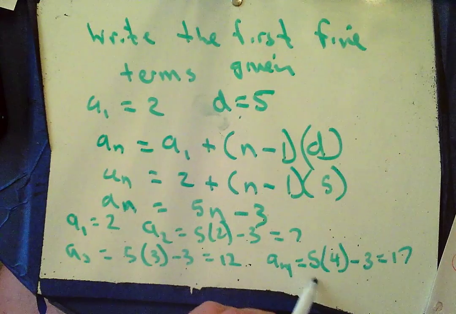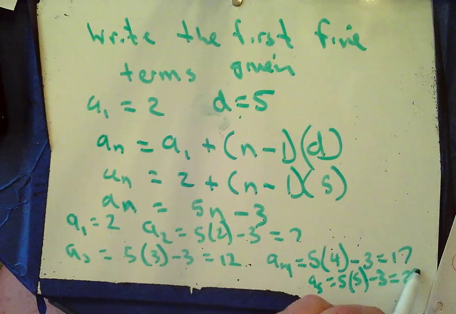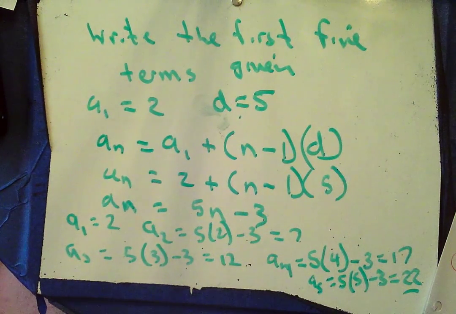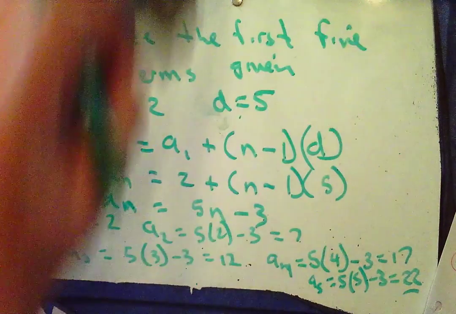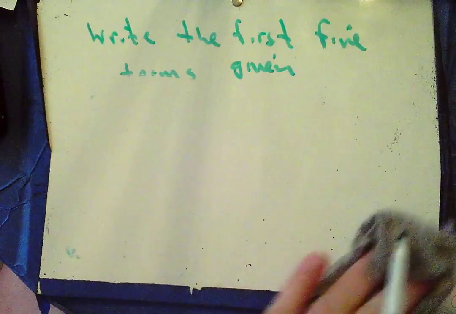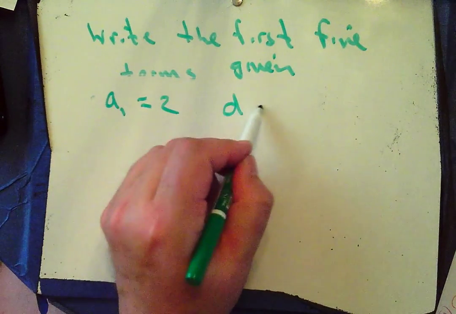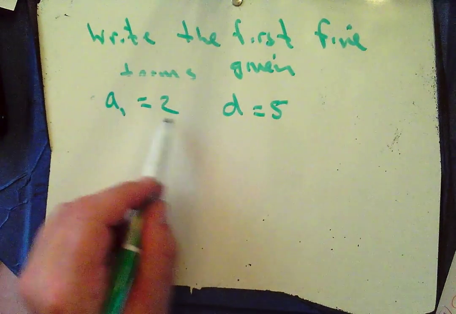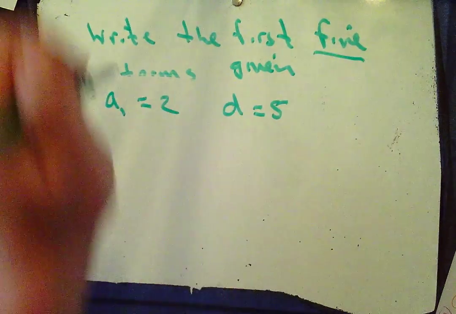And then finally, a sub 5 is going to be 5 times 5 minus 3 is 22. And so we can get all 5 values by building the rule and then using the rule. That's certainly a long method to do this. I think it's probably easier to say, oh, if a sub 1 is 2 and d is 5, we could just start with 2 and keep adding 5 until we get to the 5th term.